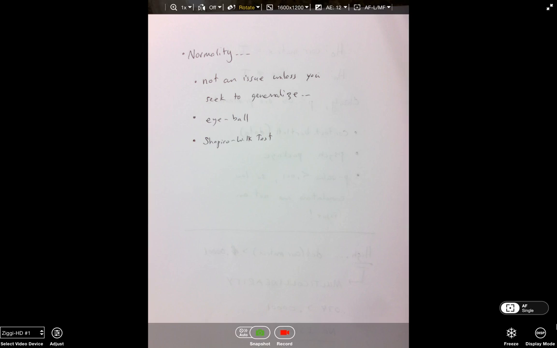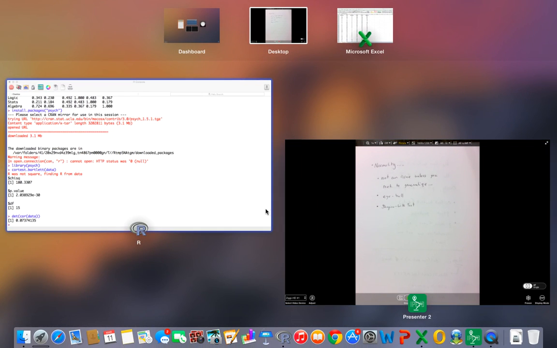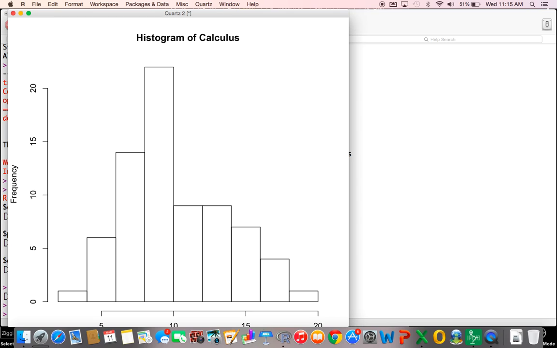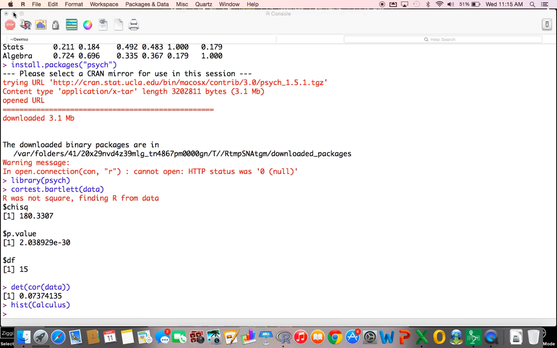But I'm going to just show you one of these. So if I want to look at a histogram, for example, of calculus, then there's a little bit of right tail skewness there, but there's nothing that makes me leery that these scores didn't come from a normal distribution. Look at one more.